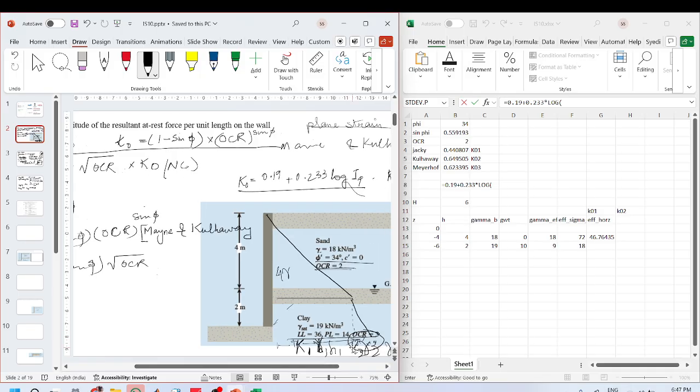Liquid limit and plastic limit have been given. Let's write it here. Liquid limit is 36, plastic limit is 14.